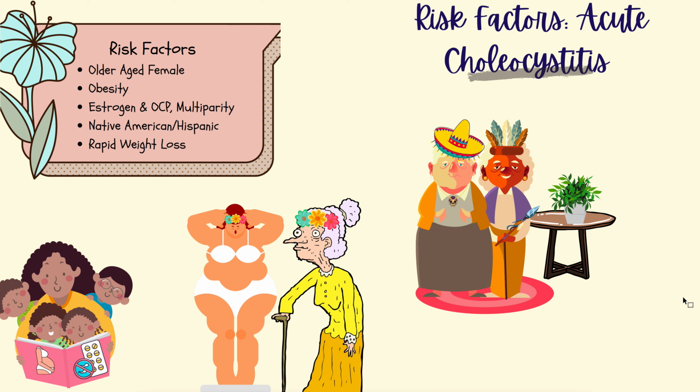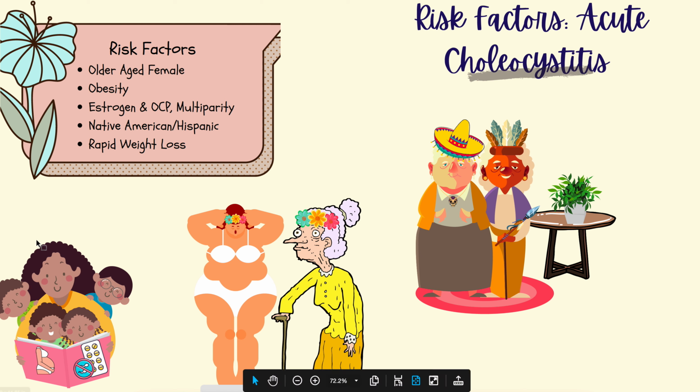So, risk factors for acute cholecystitis. Again, if you are good with the bright, colorful pictures, you're going to see risk factors. Older age, female, here we are. Obesity, we got the lady in the swimsuit. Estrogen and oral contraceptives.